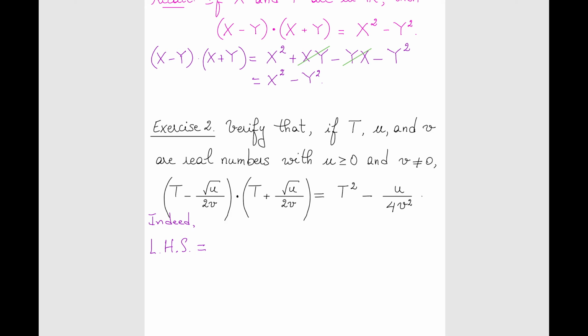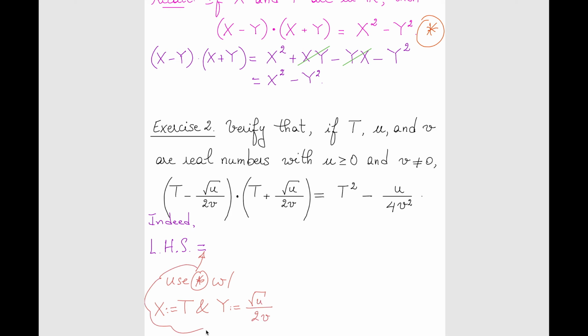Let's give it a name. How about asterisk? So we're going to use asterisk with the following choices: x being t and y being the square root of u divided by 2v, right?